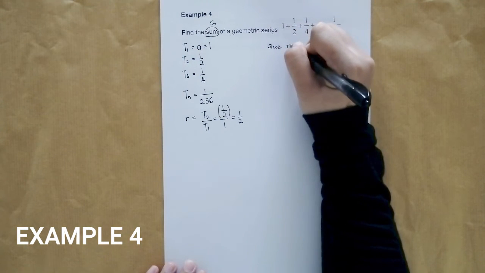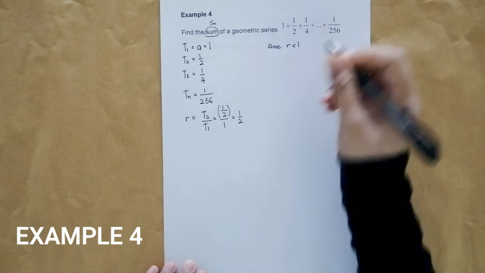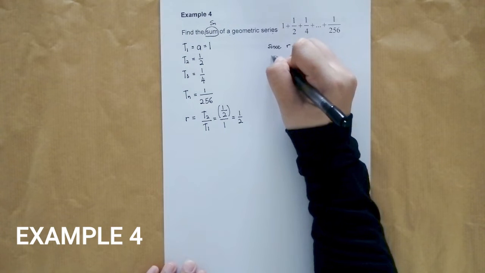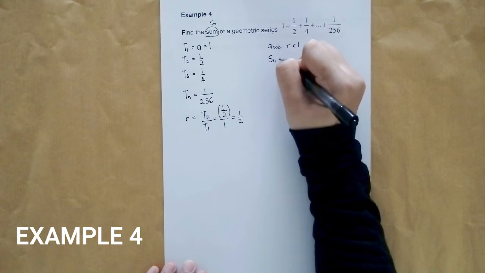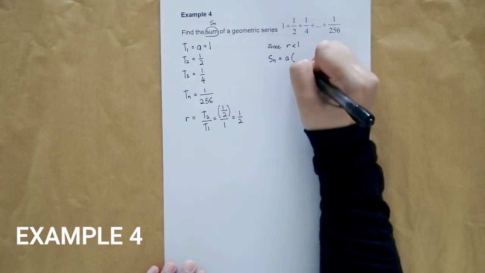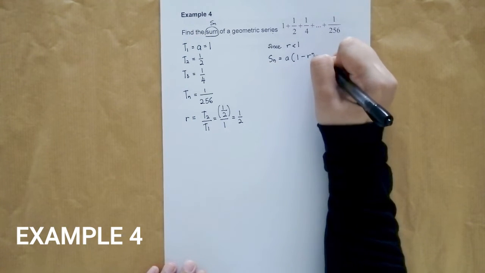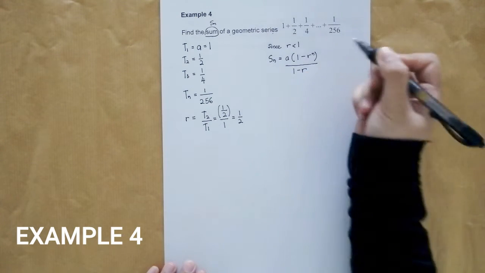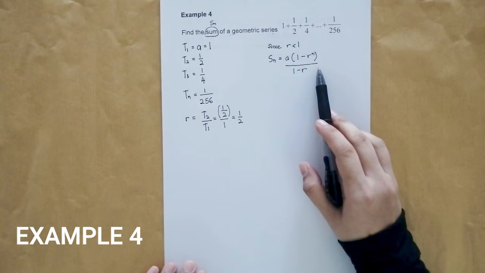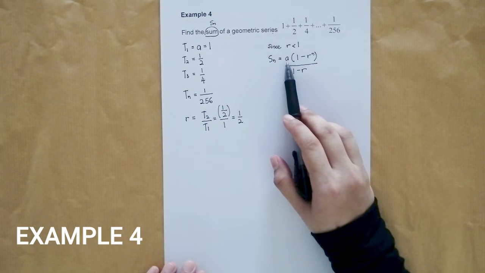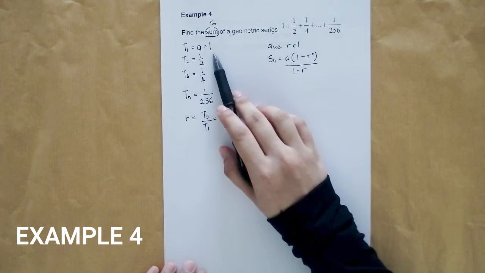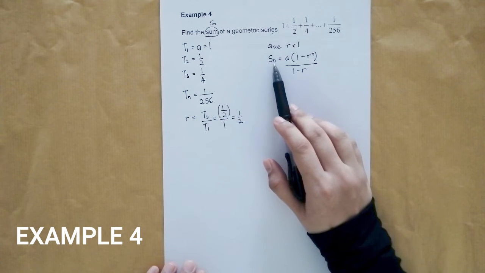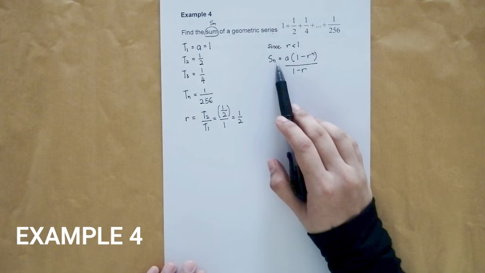since R is less than 1, where the value is 1 over 2, you must use this formula: Sn equal to A times 1 minus R to the power of n over 1 minus R. Based on this formula, we already have the value of A, 1, and R, half, but we don't have the value of n.